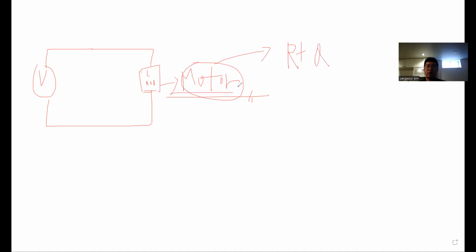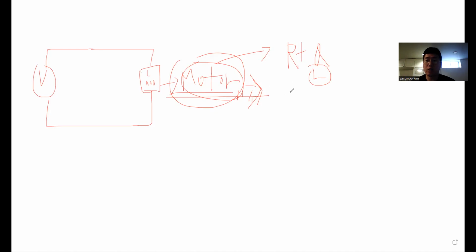But since a motor is a coil, we say this is L. I made lectures about inductance, and what I mean is RLC in the circuit.